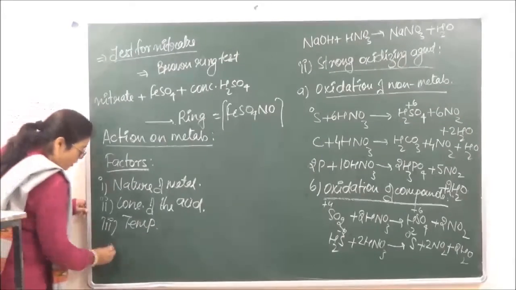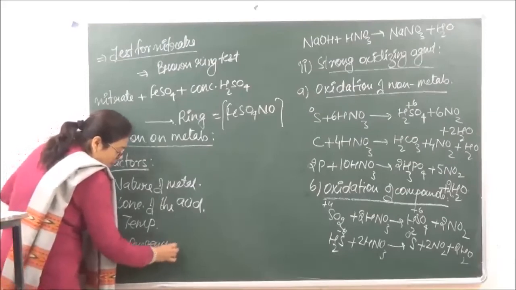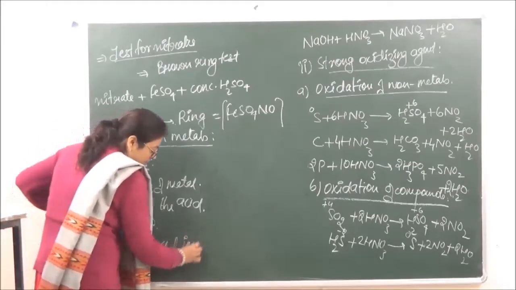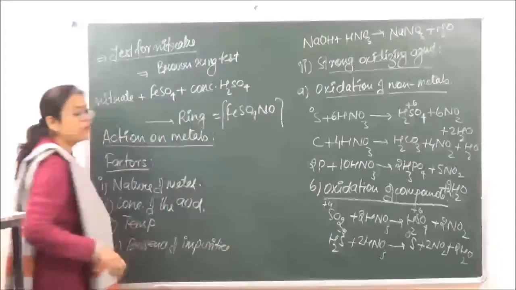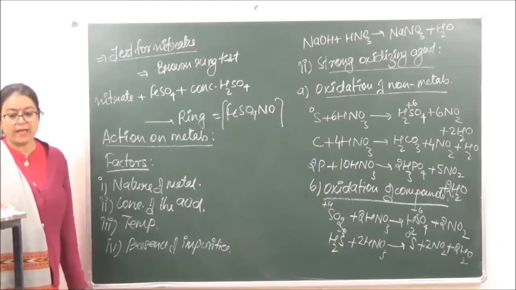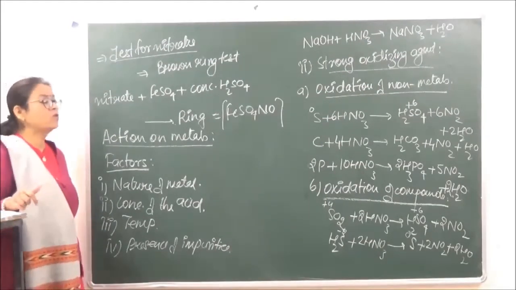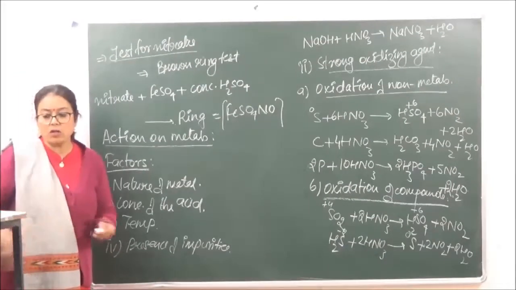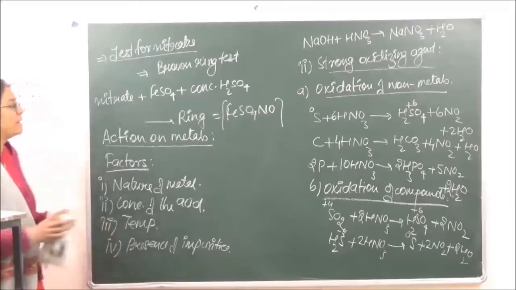And number 4, presence of impurities. So all these, they are going to affect the kind of reactions which we are going to see. Okay, let's go on to the first metals which are above hydrogen.